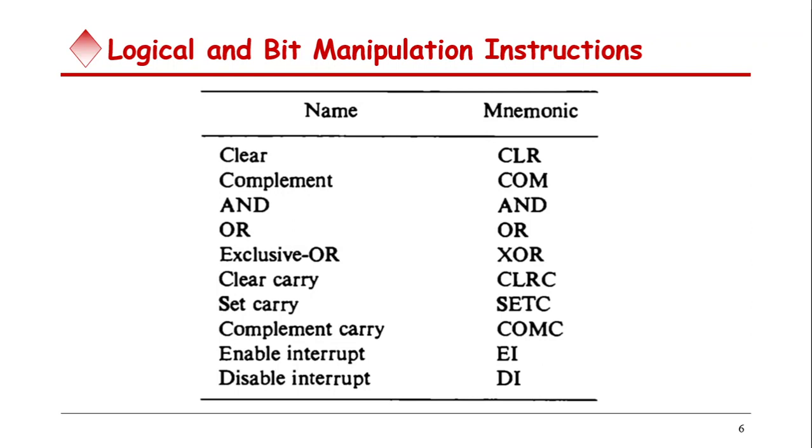The OR instruction is used to set a bit or selected group of bits of an operand. For any Boolean variable x, the relationship x OR 1 equals 1, and x OR 0 equals x.